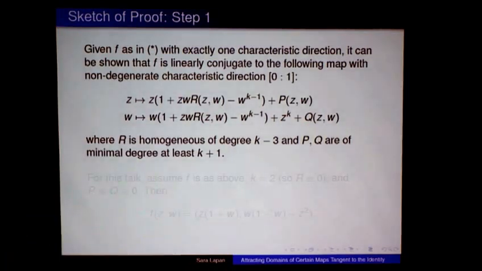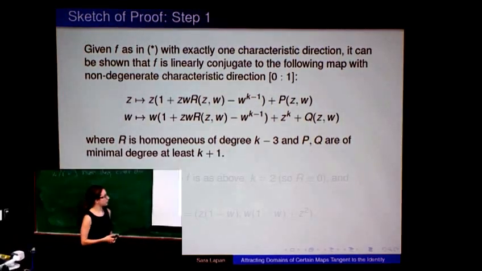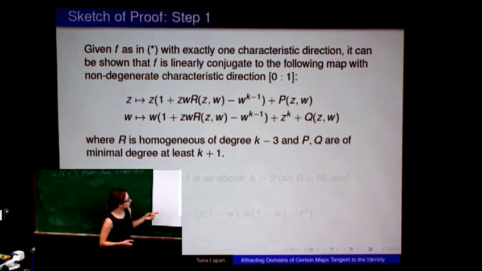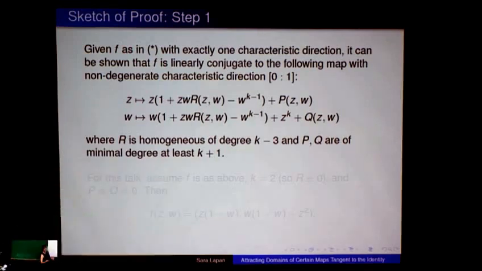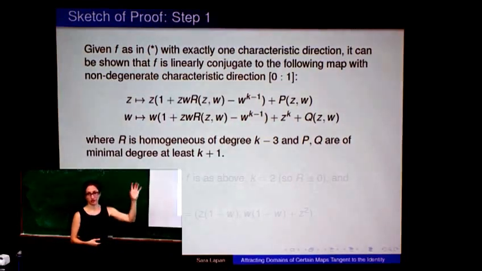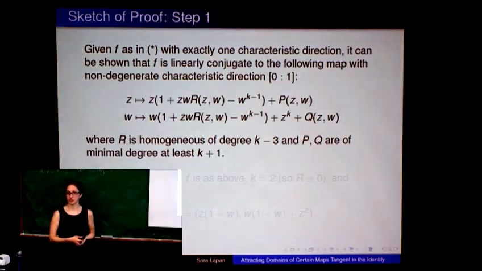The w term is similar but has an extra z to the k term. Here r is homogeneous of degree k minus 3, and p and q are of minimal degree at least k plus 1. This term is the identity plus the degree-k term, and for w likewise, so the others are just higher order terms.